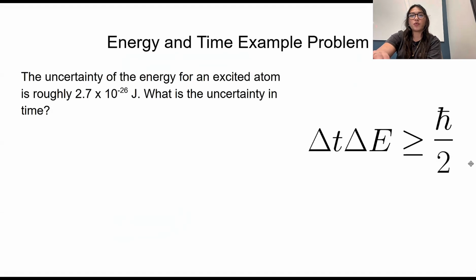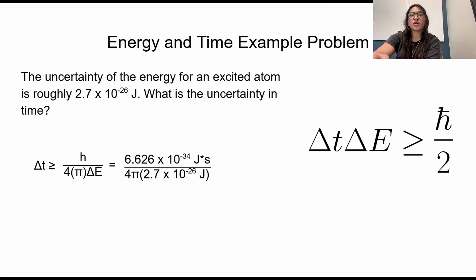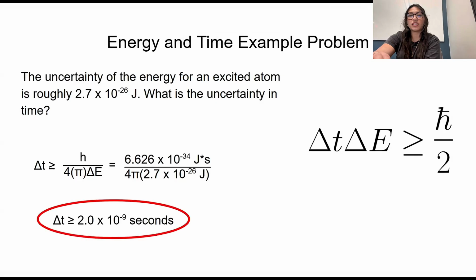Using some simple algebra, we will manipulate the equation to get delta T is greater than or equal to h over 4 pi delta E, in which we will plug in 6.626 times 10 to the negative 34th joules per second for Planck's constant, which is h, and the uncertainty in energy, 2.7 times 10 to the negative 26 joules, will be plugged in for delta E. After calculating, we will see that delta T is greater than or equal to 2.0 times 10 to the negative 9th seconds.